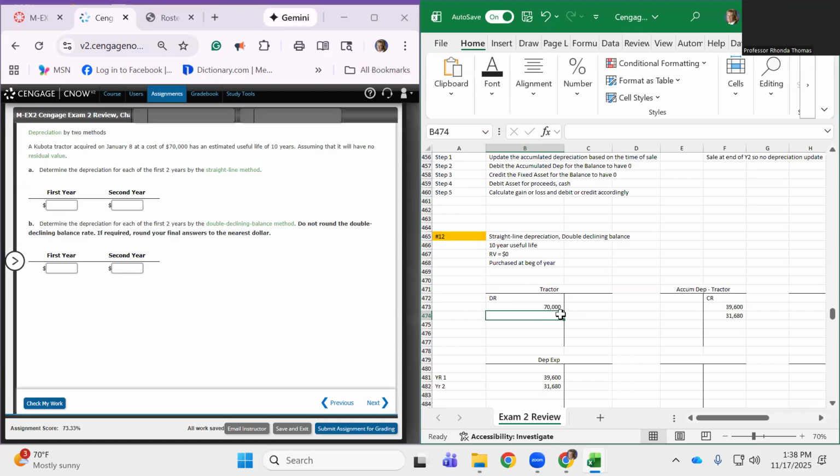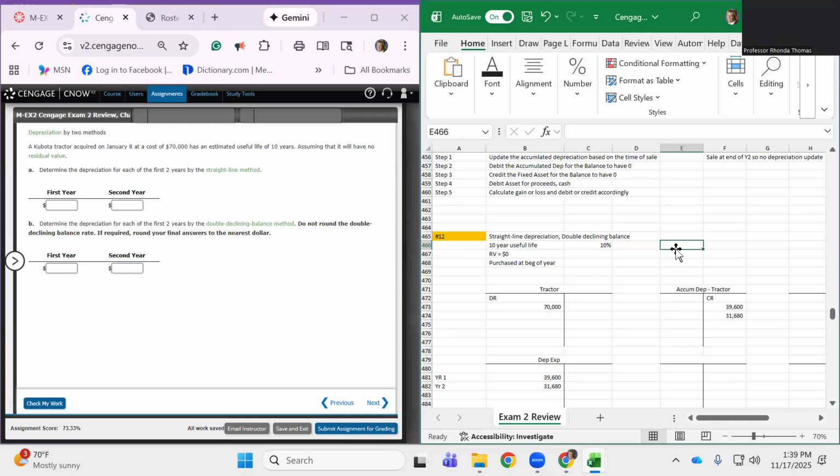And so the straight line rate is 10%. So 1/10 is 10%, and I'll turn that into a decimal.